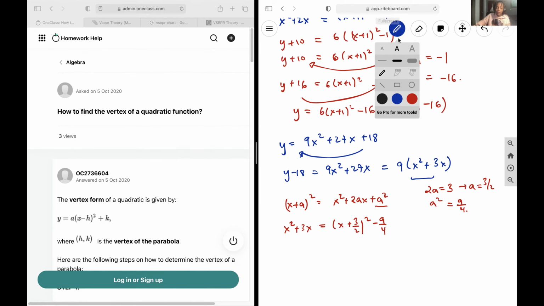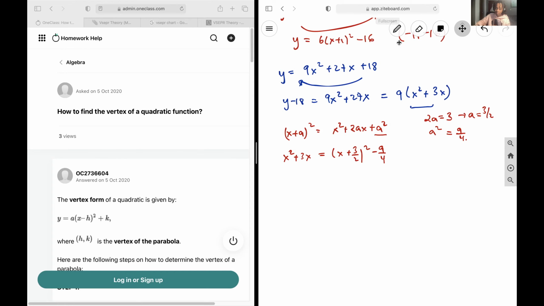So now, let's just plug all of that back in. And we get y minus 18 is equal to 9 into x plus 3 over 2 squared minus 9 over 4. Let's put that all in brackets.